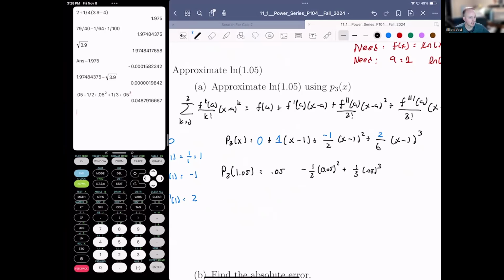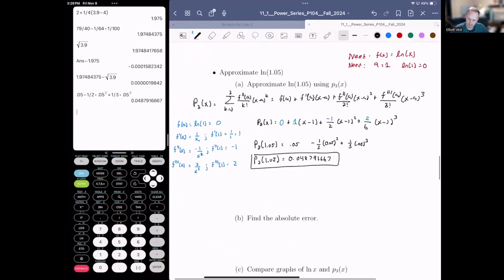That's going to be a number, and that number in particular is equal to 0.048791667. Booyah.